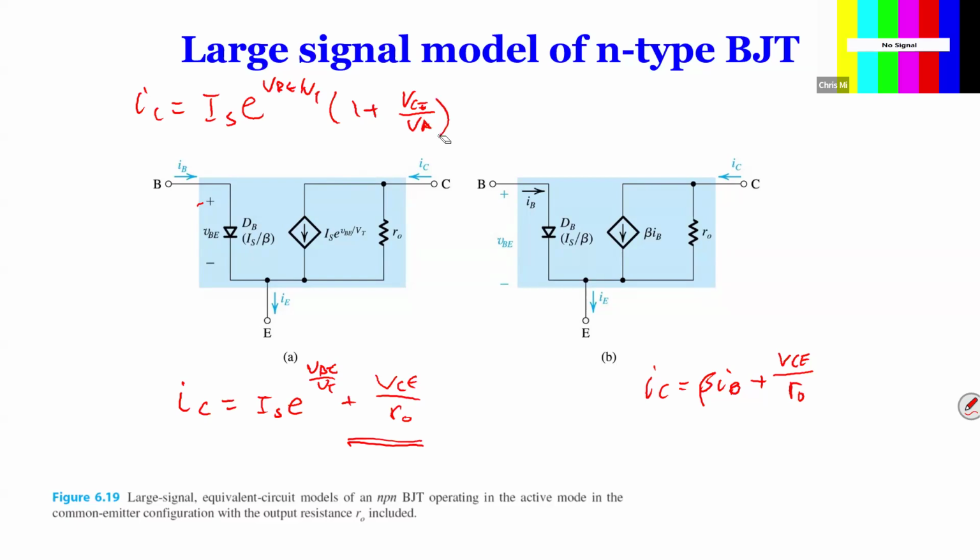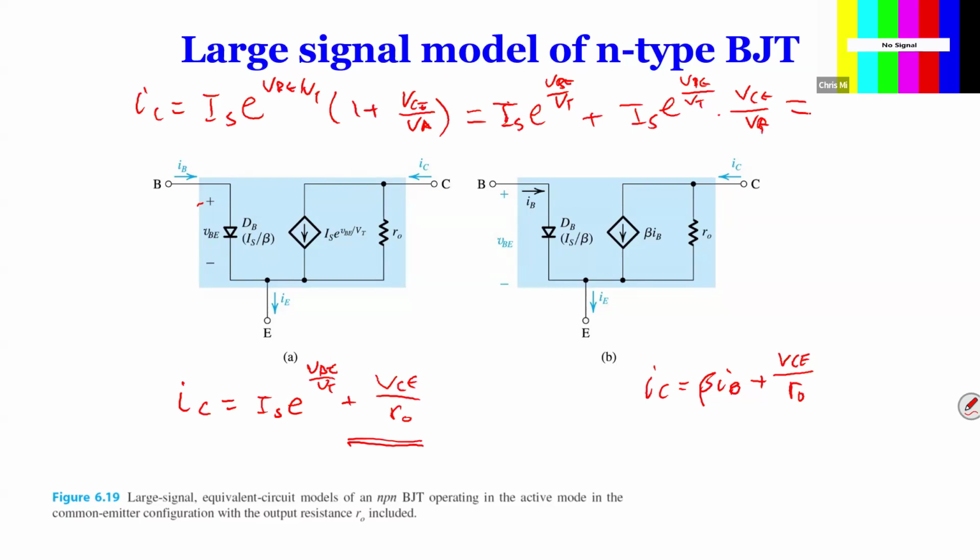Right, so if you expand this term, this becomes IS e to the power VBE over VT, and then plus another term, IS e to the power VBE over VT, times VCE over VA.